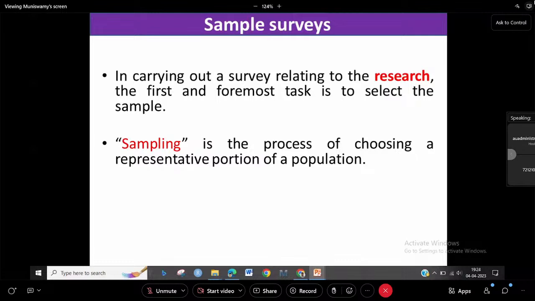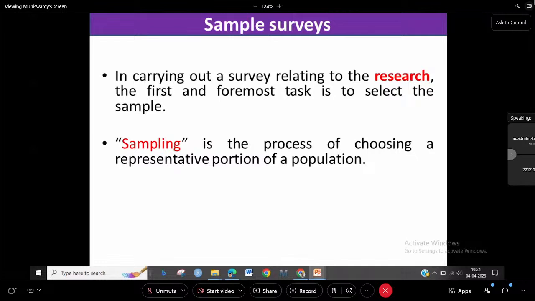How to draw a part of a population from the large population? That thing is called sampling. So the difference between sample and sampling, just to explain: a sample means a portion or a part of a population.